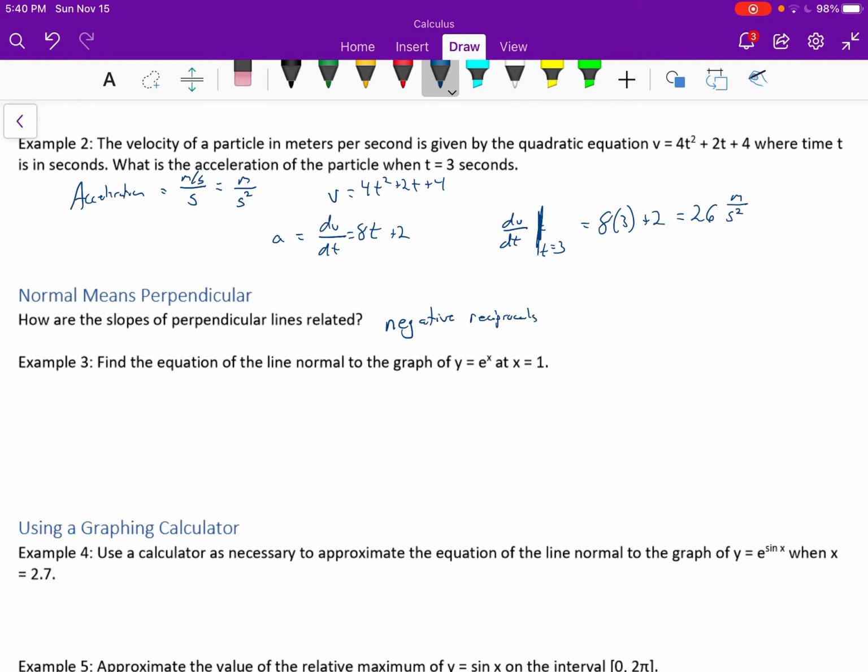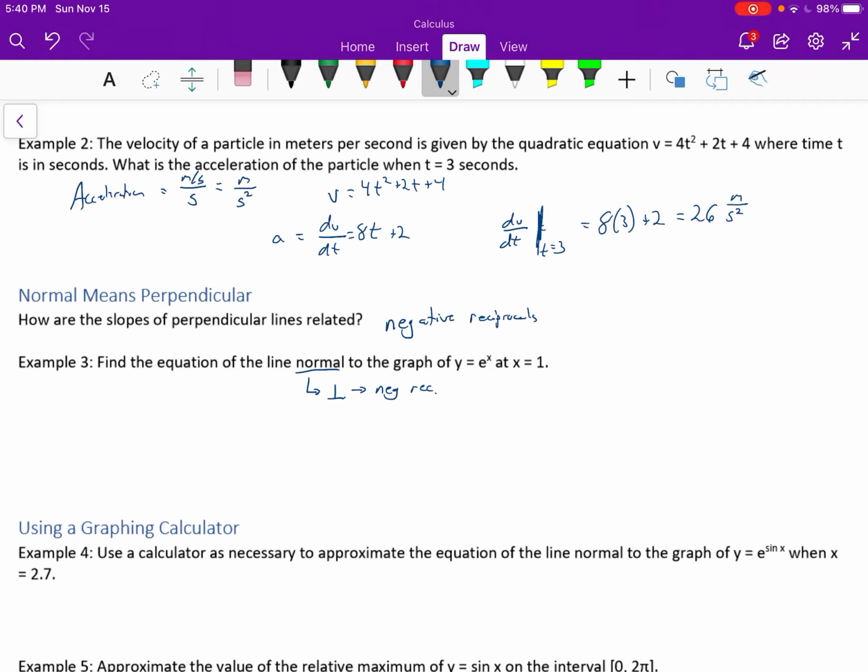So earlier on, we were able to find equations of tangent lines to a curve, and now we're going to find the equation of a normal line to a curve. We're going to use the derivative still, but since it's a normal line, that means perpendicular, which means we're going to do the negative reciprocal of the slope. So it's going to look a lot like what we've done before, except we'll have to take the negative reciprocal once we find the slope.